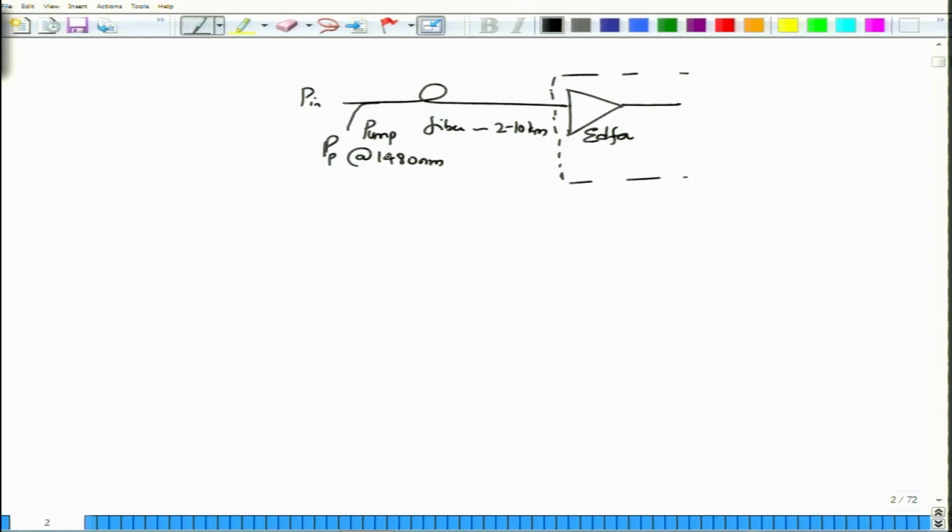The advantage here is that if this input power is around 1550 nanometer and this one happens to be a fiber which is say a standard single mode fiber or any other fiber, the cutoff wavelength of these fibers is usually 1064 nanometer, which means that for all lambda greater than lambda c, those wavelengths actually are propagating. Because of this condition, both 1550 nanometer, which is actually carrying some information or some sort of a light pulse, will travel alongside 1480 nanometer.